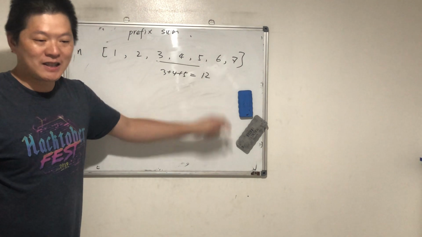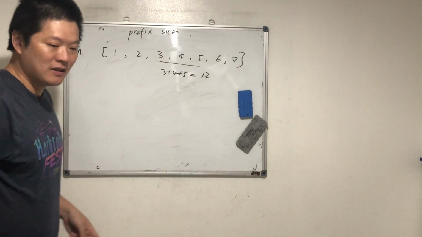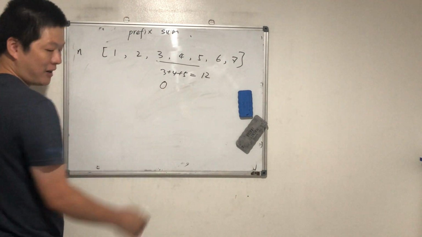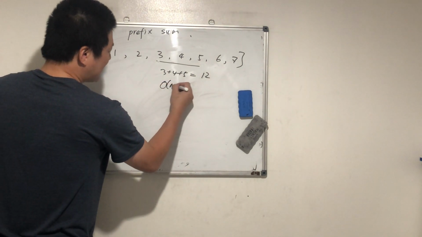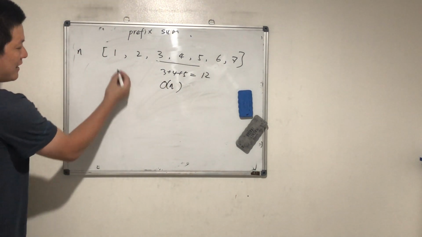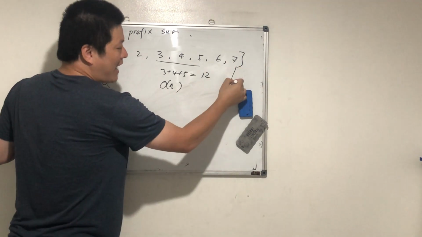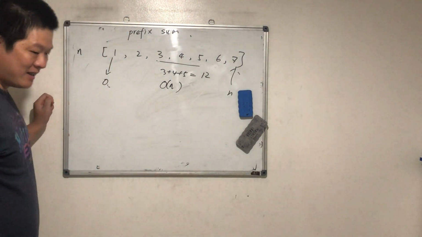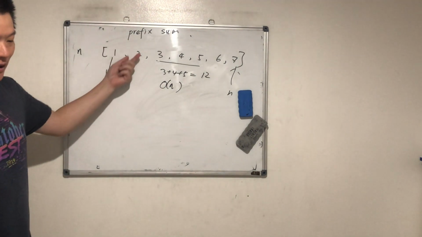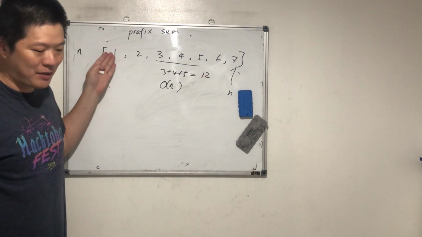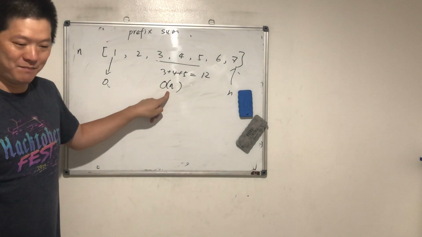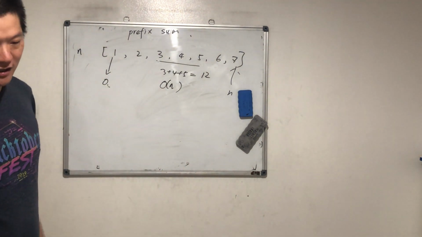What's the time complexity for this one? N, well done. Because if the lower range is 0 and the upper range is n, you are looping over all the elements in the array to get this sum, so it will be O(n), which is very slow.